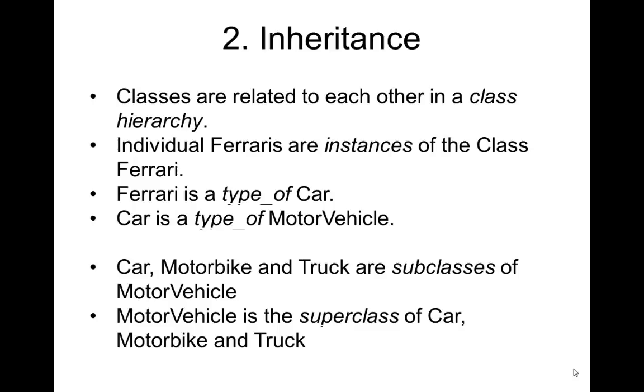Now we relate classes to each other into what we call a class hierarchy, and this is known as inheritance. So, individual Ferraris are instances of the class Ferrari, we know that. A Ferrari is a type of car, and a car is a type of motor vehicle. So we've got a hierarchical relationship.